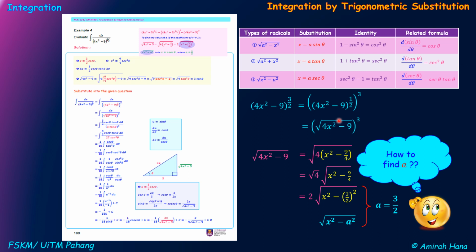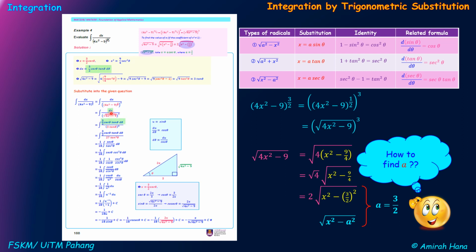And it also equals to square root of 4x squared minus 9 bracket cube. Alright, kita gantikan. Okey, lepas tu daripada sini kita gantikan satu persatu.